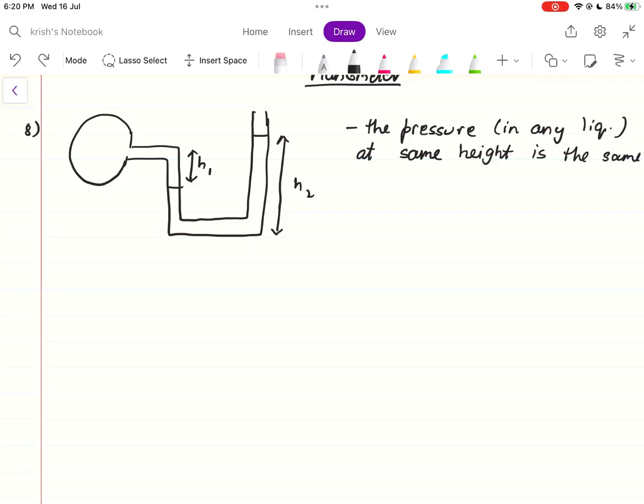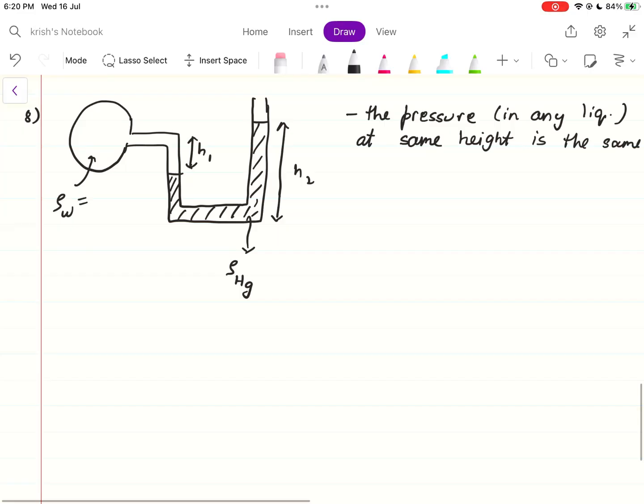So this liquid is heavy and it is mercury, because I think mercury is the heaviest element. I don't know. So rho Hg, density of mercury, and this liquid is lighter. This is rho water, or we also call it the rho L, rho of the liquid.